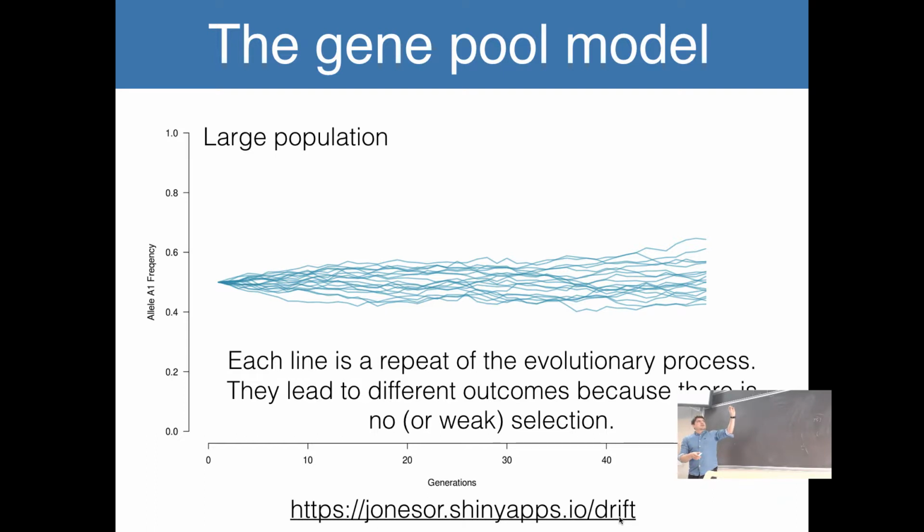And there's some movement around this mean, around this initial allele frequency. So there's a line that goes down, for example. This is just by chance, the random process resulting in a reduction in the frequency of allele A1. And then there's other populations where it's more fluctuating around the middle.